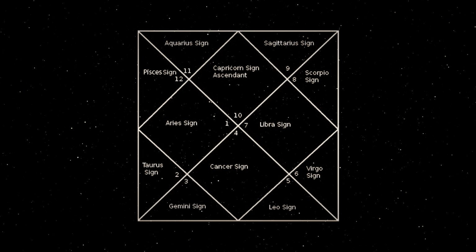For example, the number 1 represents Aries, 2 represents Taurus, 3 Gemini, 4 Cancer, 5 Leo, 6 Virgo, 7 Libra, 8 Scorpio, 9 Sagittarius, 10 Capricorn, 11 Aquarius, and the 12th number represents the Pisces sign.